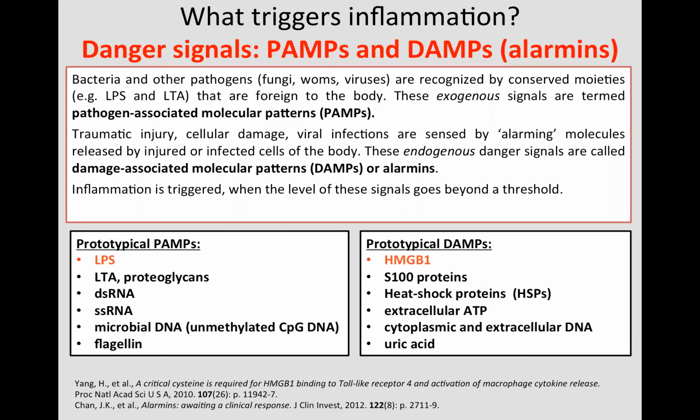And definitely our normal cell turnover will release a very tiny amount of these molecules. So we do need to have a slightly higher concentration of these released locally. That's the stimulus, which will be sensed by the innate immune cells.